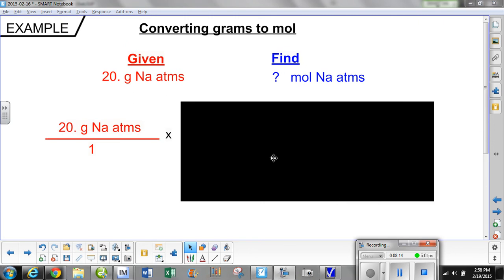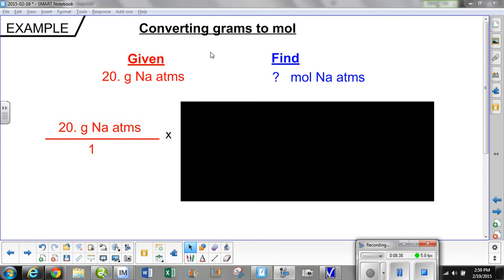I've got grams as the given. Okay, so with grams as the given, let's get Kendrick. Kendrick, what are we going to have on the bottom of this fraction? Okay, what are those gram numbers going to be? How many grams equals a mole of sodium? Sodium is number 11.